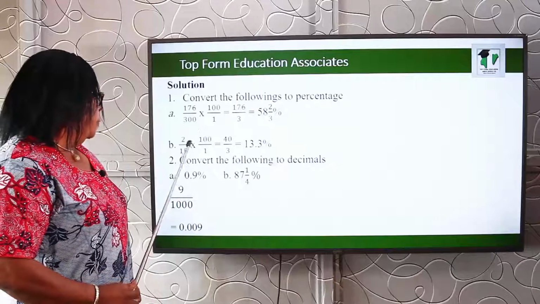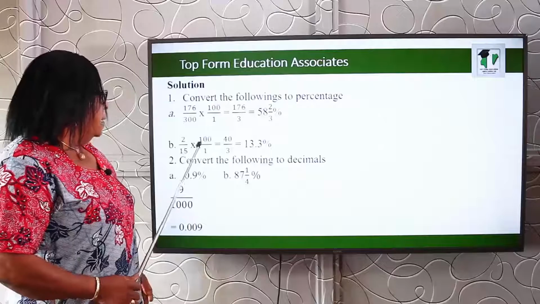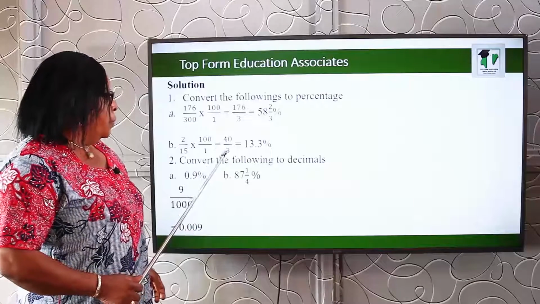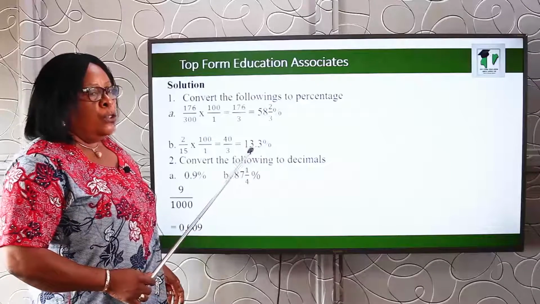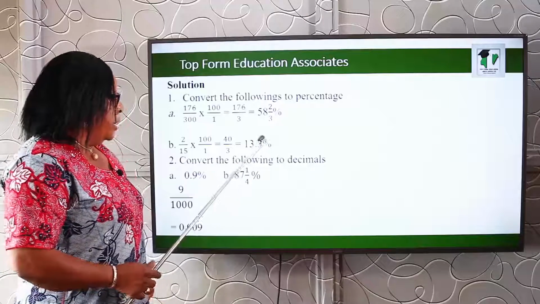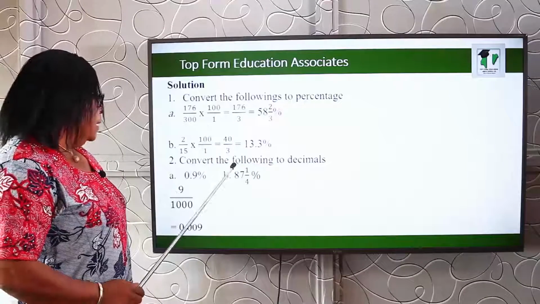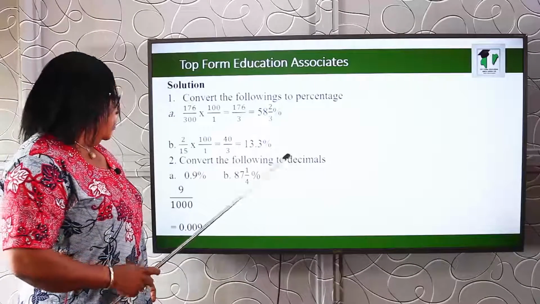B, 2 over 15 times 100 over 1 will give us 40 over 3, which is equal to 13.3%.